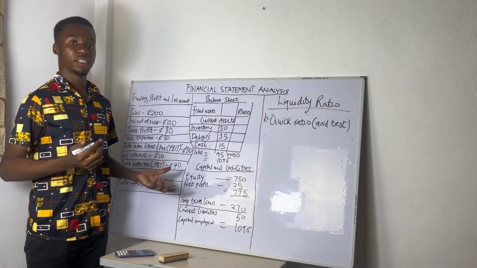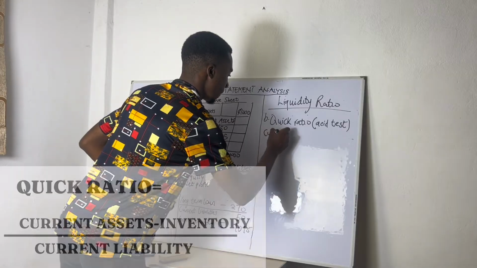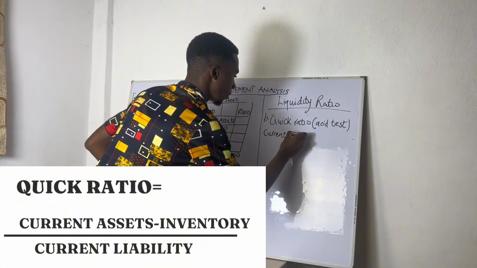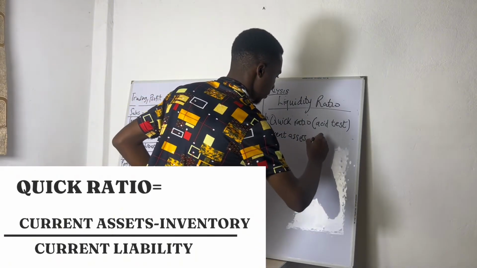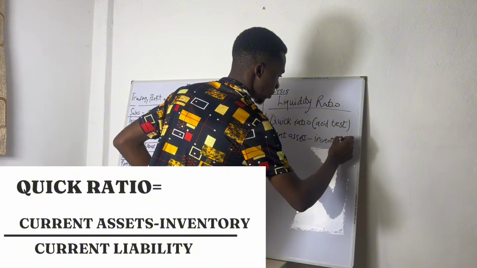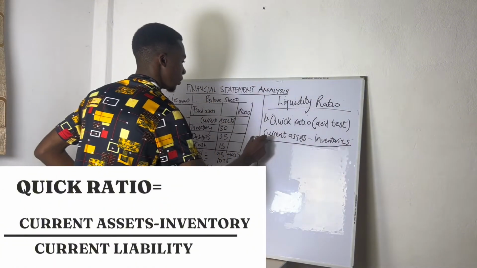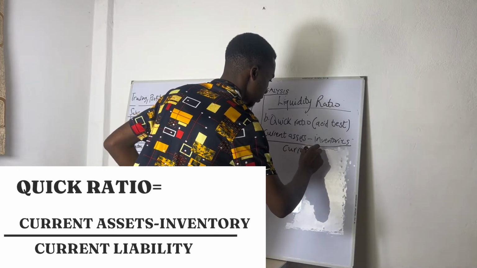And the formula for this is the current assets minus the inventories over the current liability.